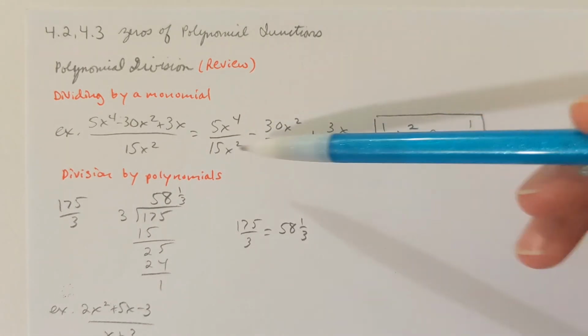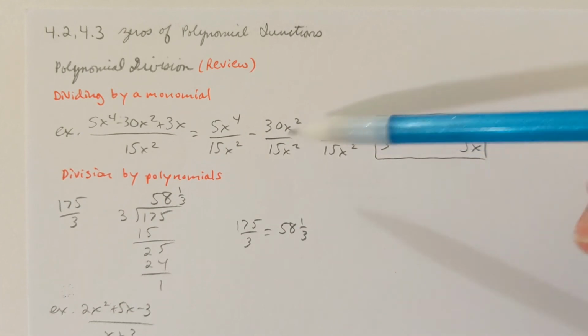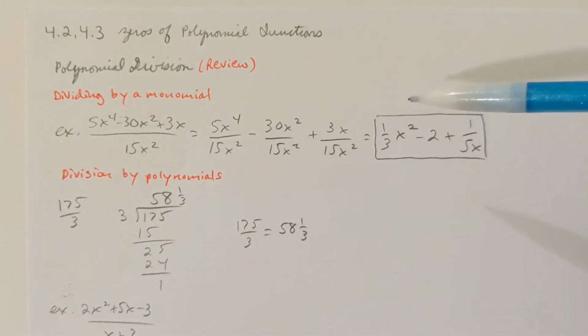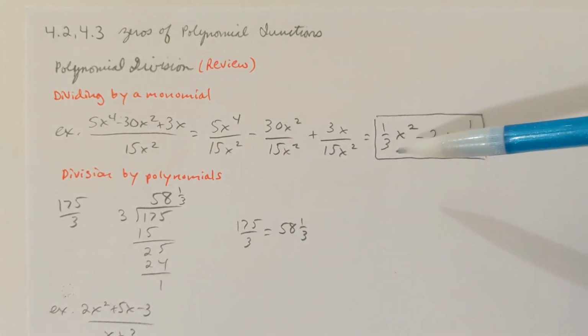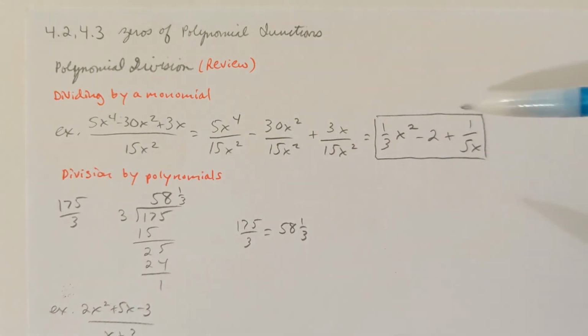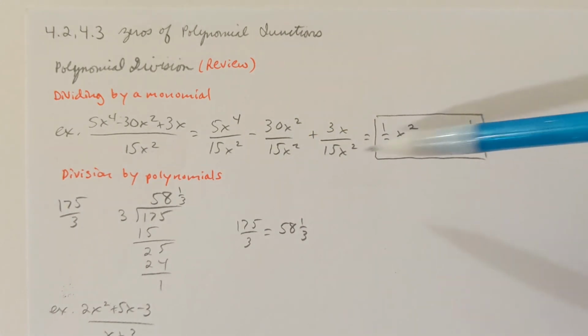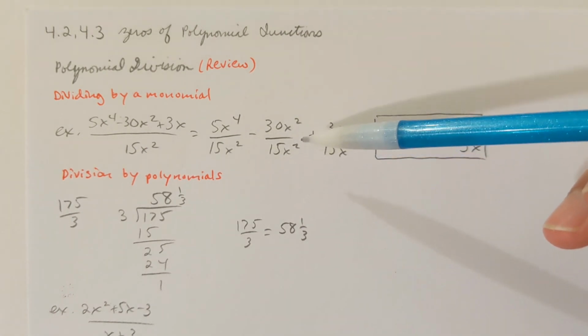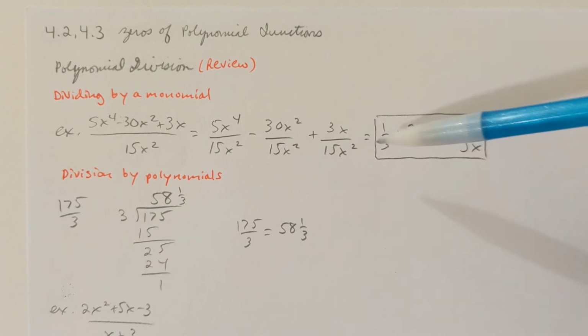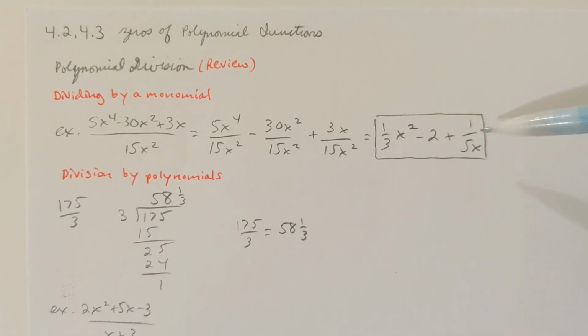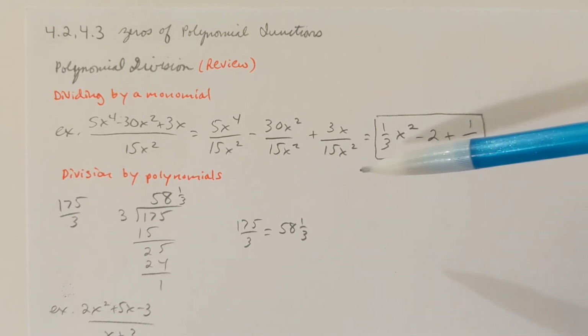Well, I can split up the 15x squared into the three terms there and divide each of the three terms. 5 over 15 is 1/3. X to the fourth over x squared is x squared, 1/3 x squared. Minus, the x squareds cancel there, so 30 over 15 is minus 2, plus 1 over 5x. Okay.